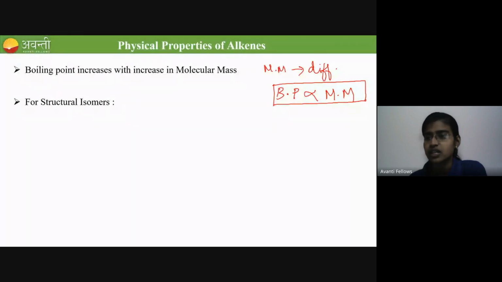Do you have any doubt, my dear? Let me know. Or you want to give me the definition for isomer? Or you have raised your hand by mistake. Okay. If you're having any doubt, just put it in the chat box.